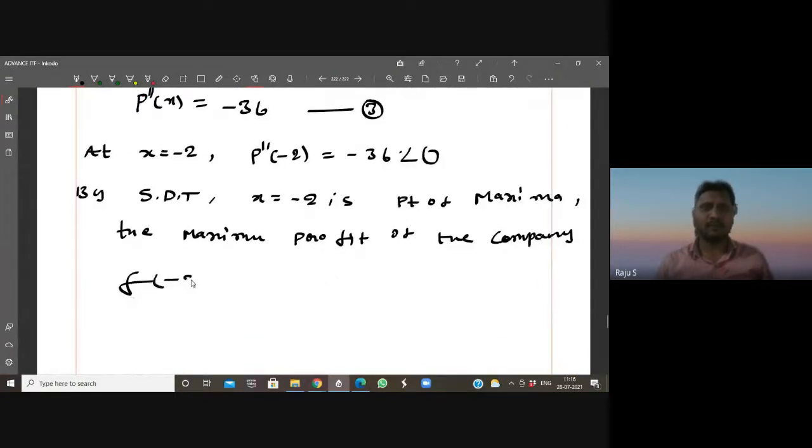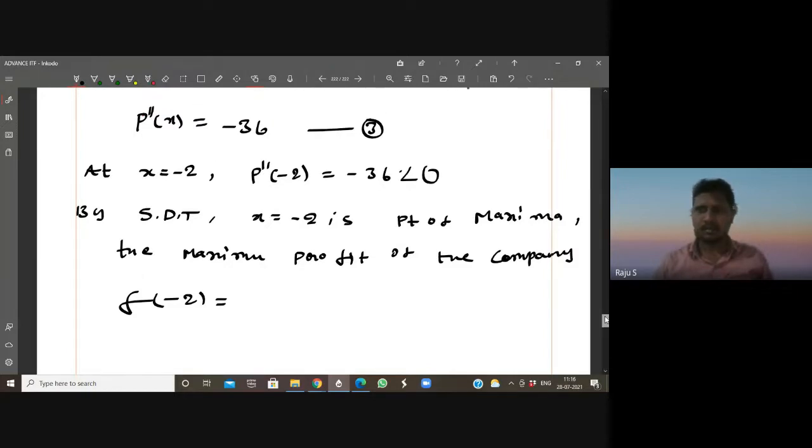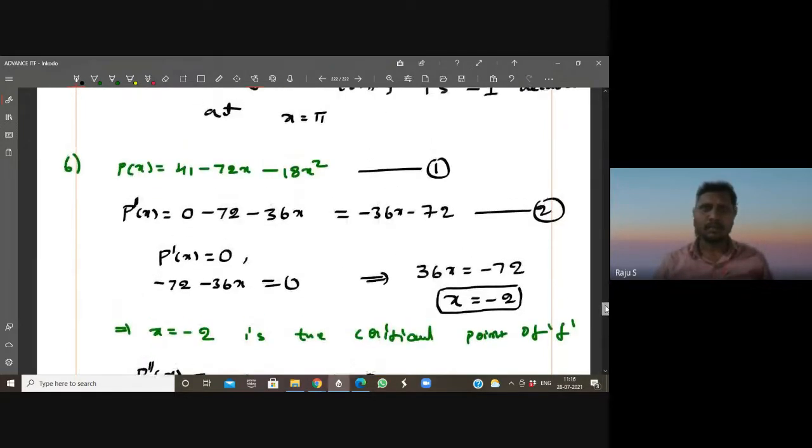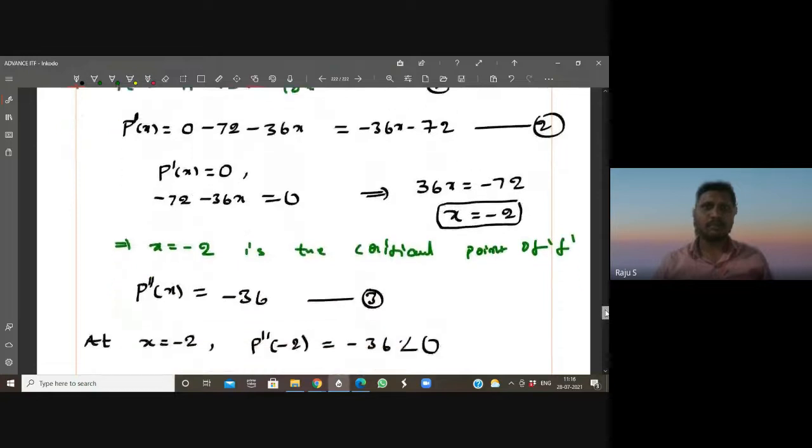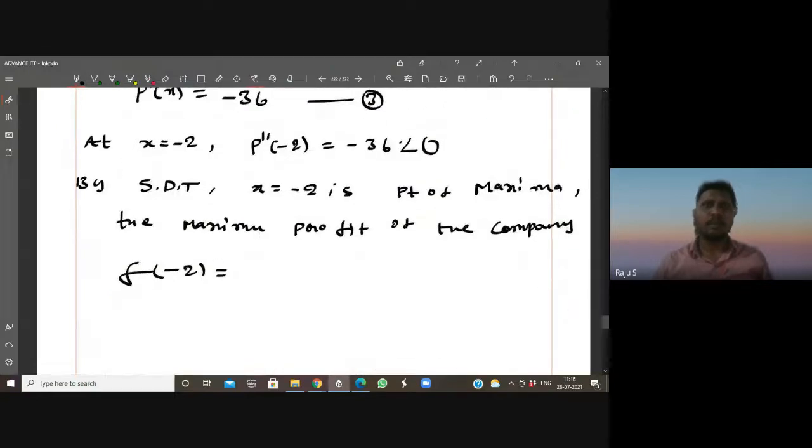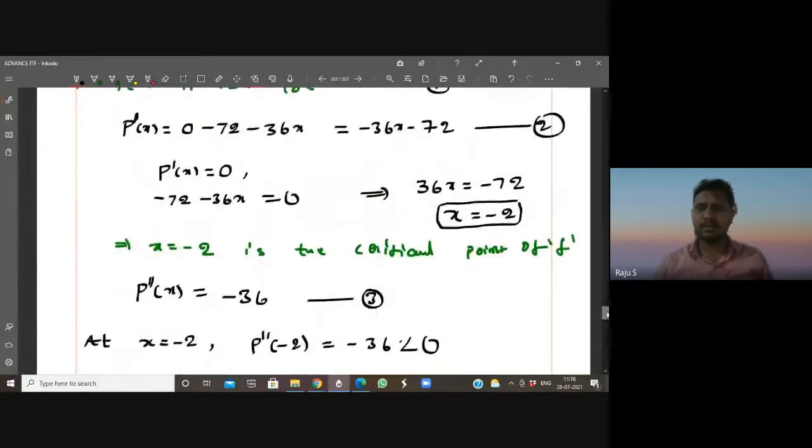F of minus 2. Yes or no? Yes. Right. All of you substitute and tell me.